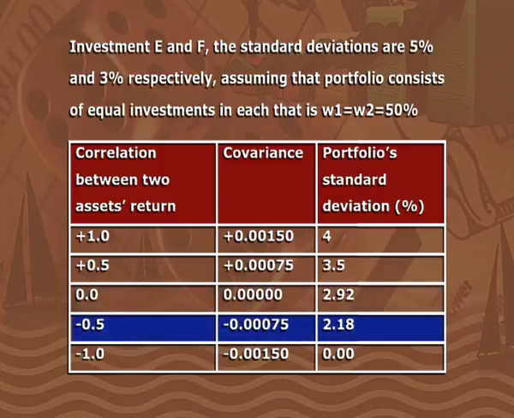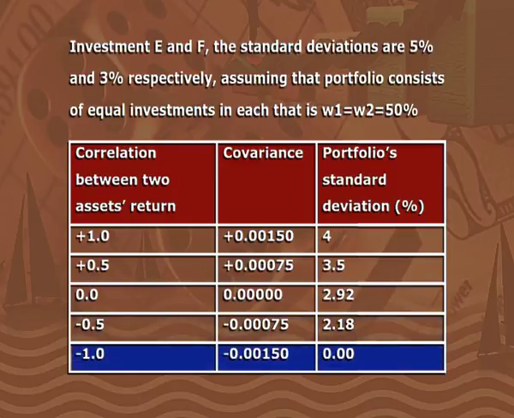When the correlation between two assets' return is -0.5, the covariance is -0.00075 and the portfolio standard deviation is 2.18%. When the correlation between two assets' return is -1, the covariance is -0.00150 and the portfolio standard deviation is 0%.